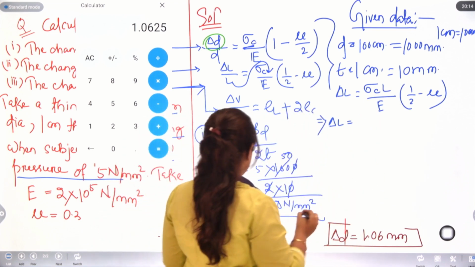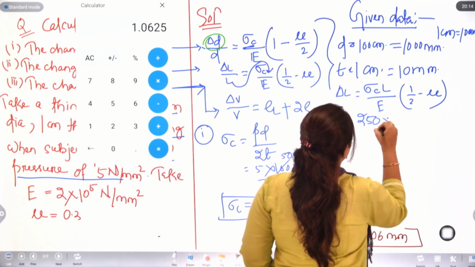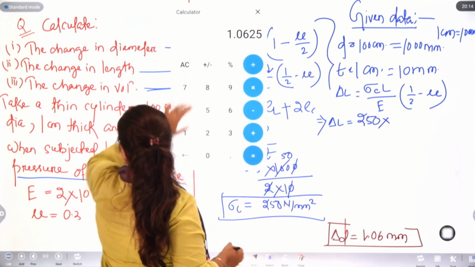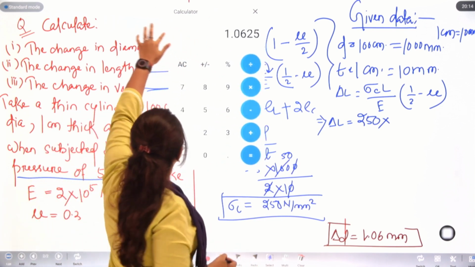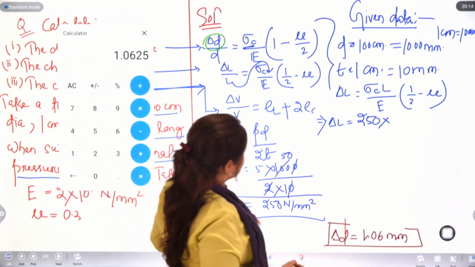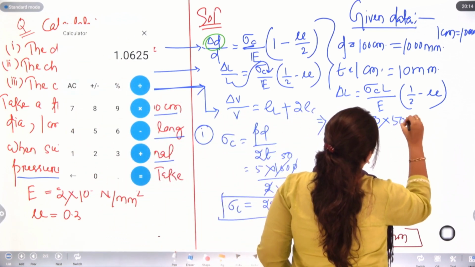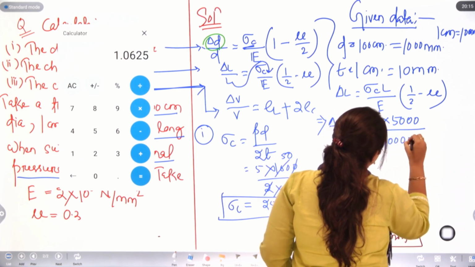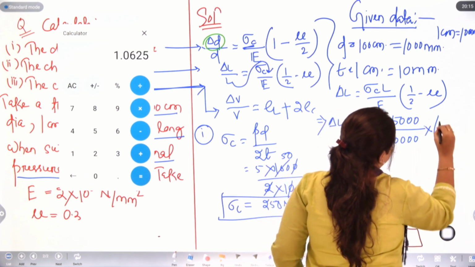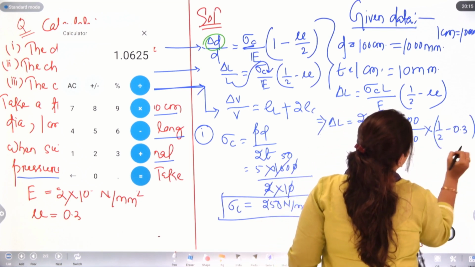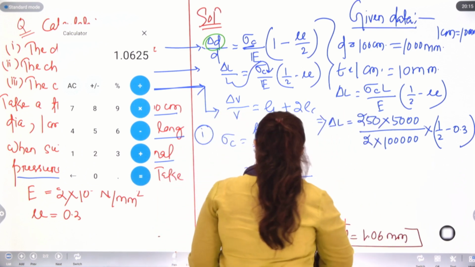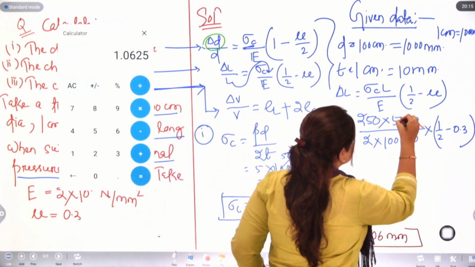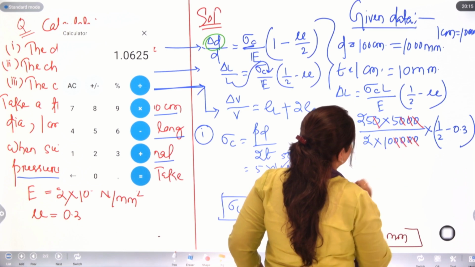Sigma C is what? We have already got 250 into length is 5 meter. So we will put it 5,000, 2 into 10 to the power 5. We can write in this way also, 1 by 2 minus 0.3. So we will cancel this 3, 4. Right.